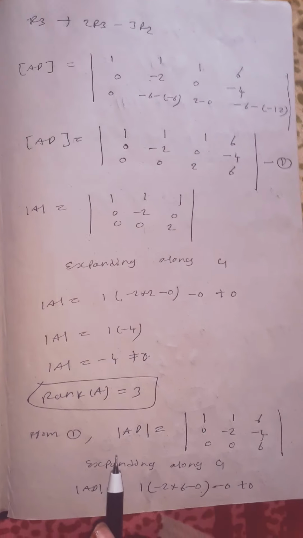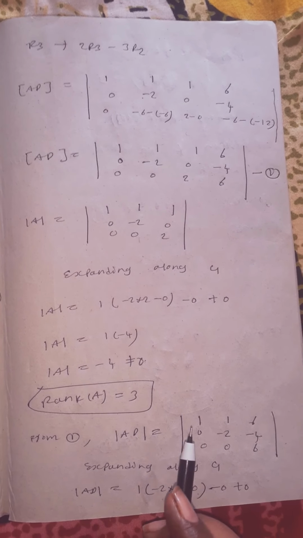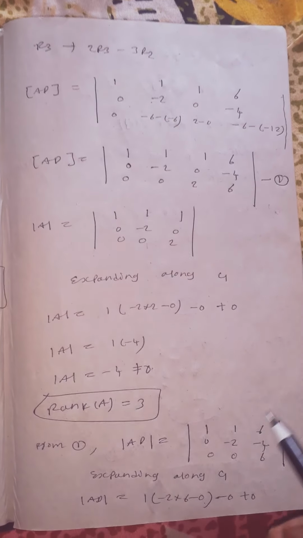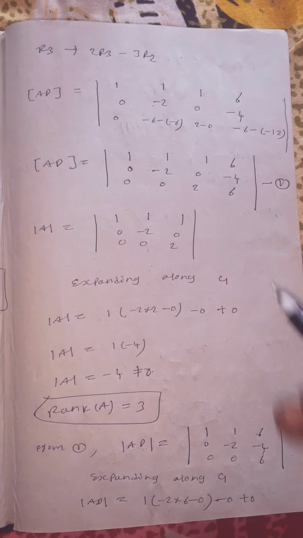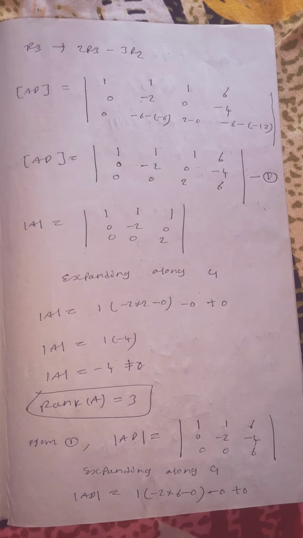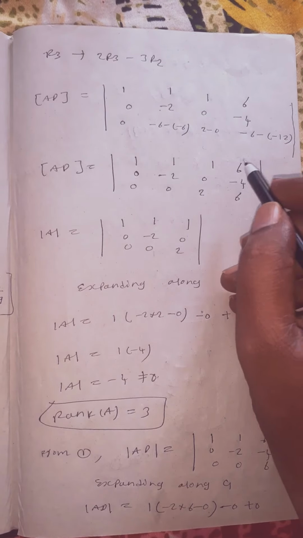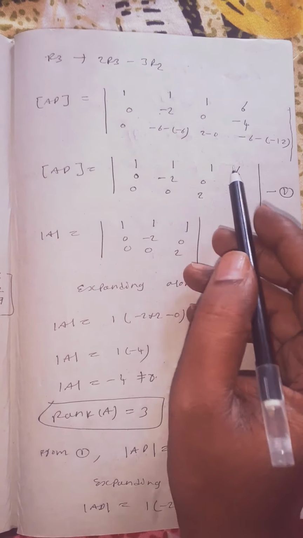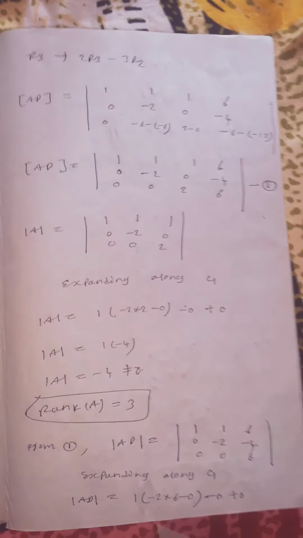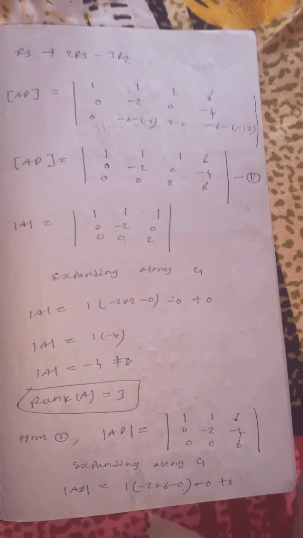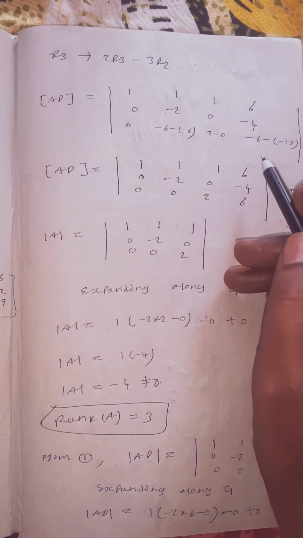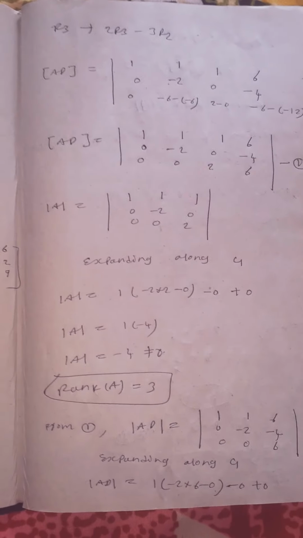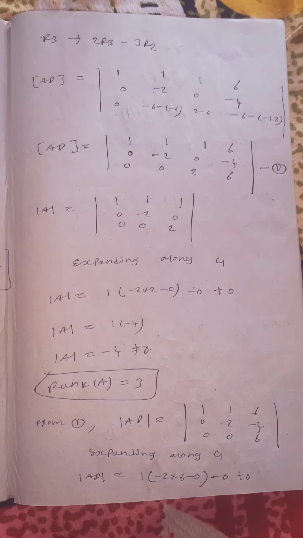Next, the augmented matrix submatrix. So I have taken here 1 0 0, 1 minus 2 0, 6 minus 4 6. So don't leave the last column. Apart from that, you can eliminate any column and find the determinant, but you should take the fourth column compulsorily to find the determinant of the AD submatrix.